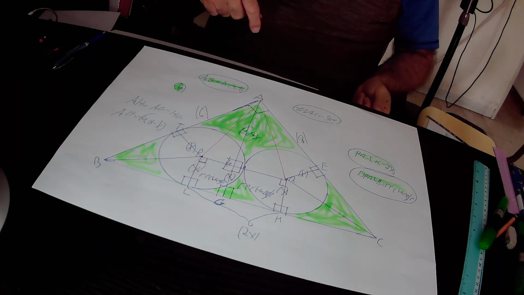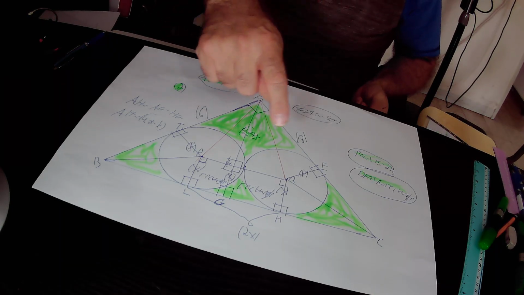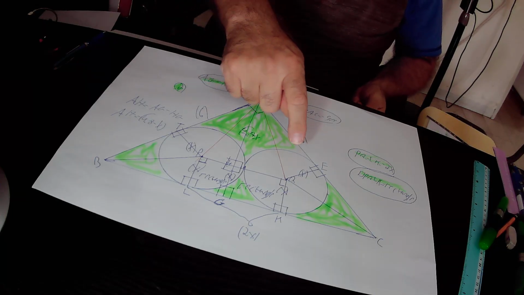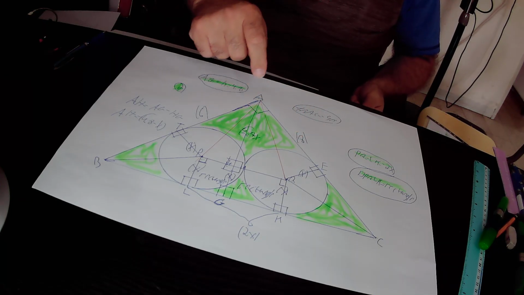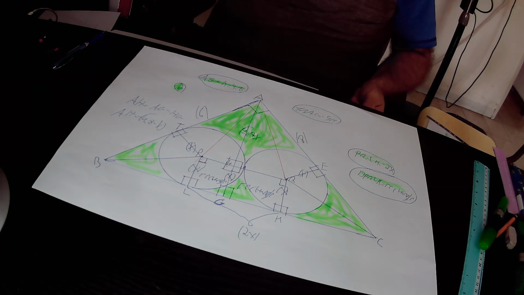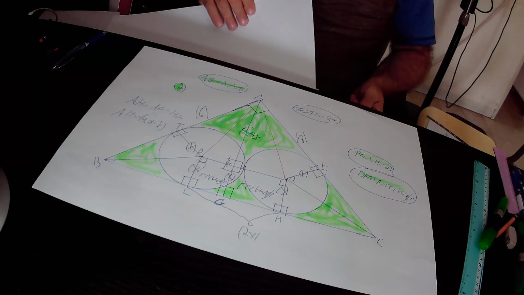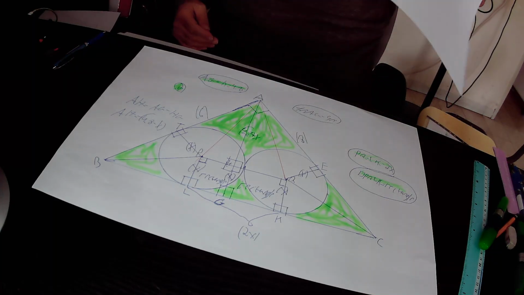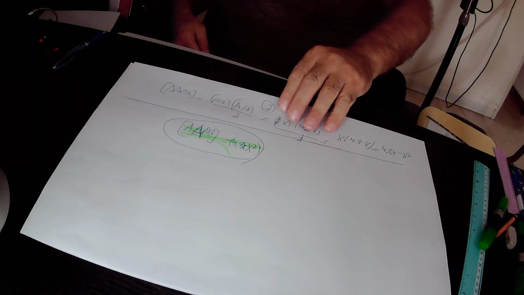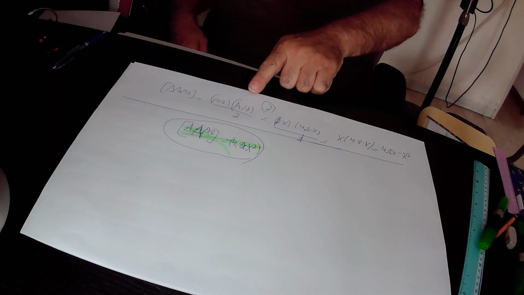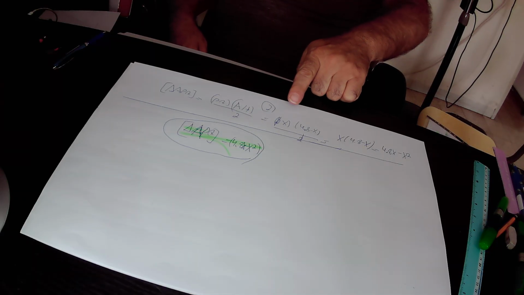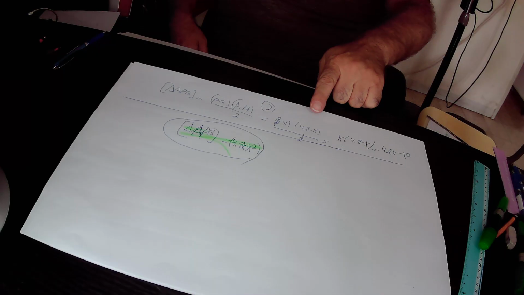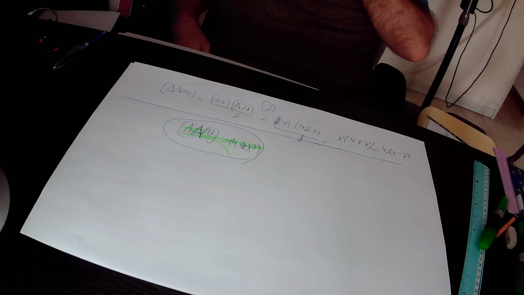Therefore, the area of this triangle APQ must be equal to the base PQ times the height to the base AH over 2. PQ is 2x, AH is 4.8 minus x, over 2.